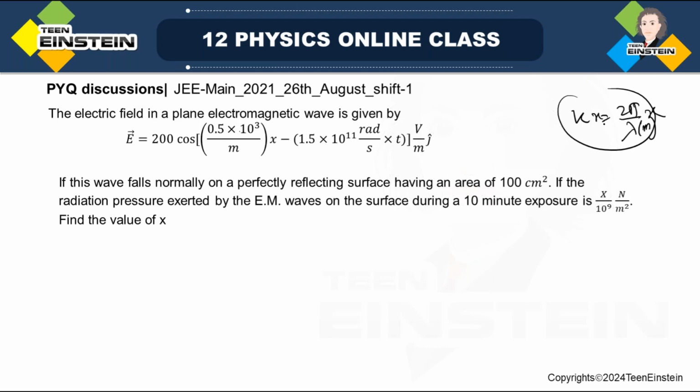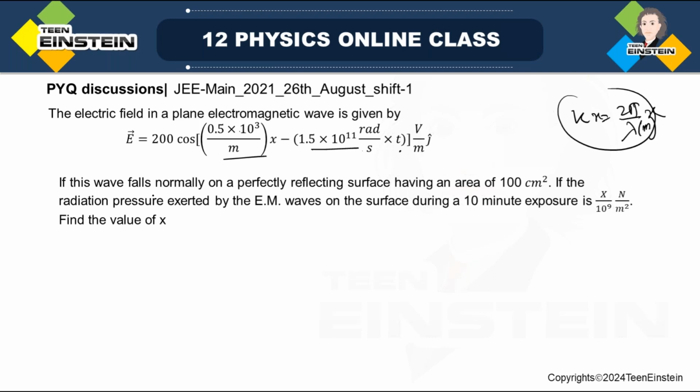So the first part, cosine of that is kx, and this is omega t. This is omega into t. This is in radian per second, that means it is angular frequency. Okay, anyway, so let us see the question.